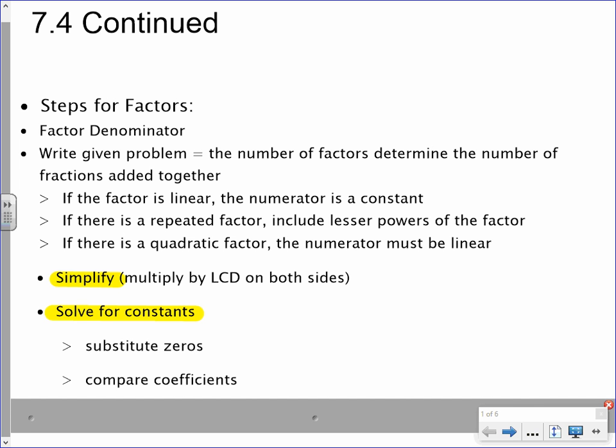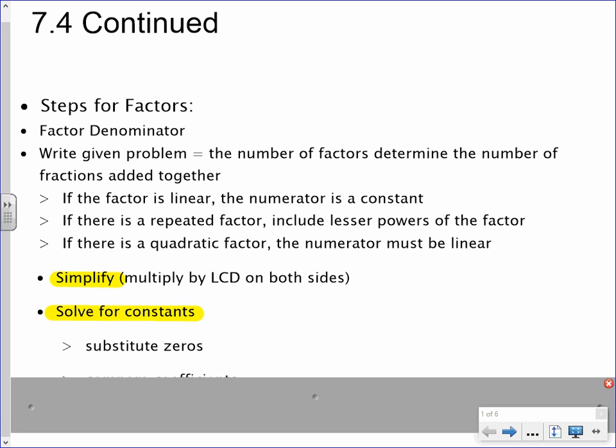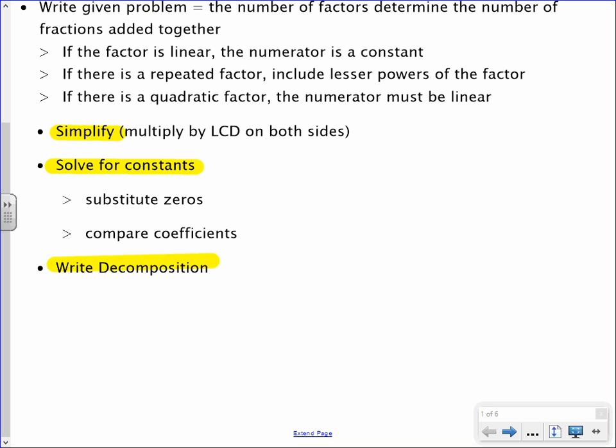There's two different ways. I'm going to show you how to do this. We can either plug in the zeros of the denominator to find values, or we can compare coefficients of like terms and set up a system of equations.